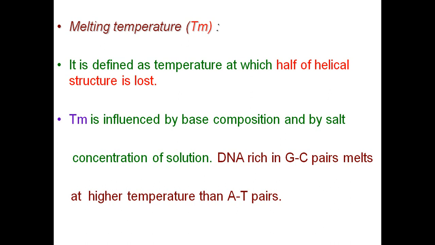So obviously the DNA which is rich in GC pairs melts at a higher temperature because it needs more energy to be broken down, whereas a DNA which is rich in AT pairs requires less energy. The difference is because the GC pair has triple bonds, the AT pair has double bonds. So for GC rich double strand DNA to break, we need high temperatures. In such DNA, the Tm will be a little higher compared to the DNA with AT pairs.